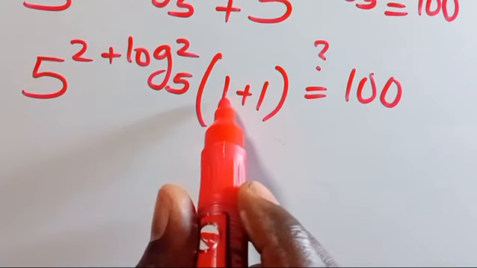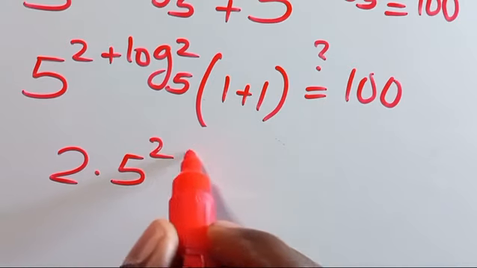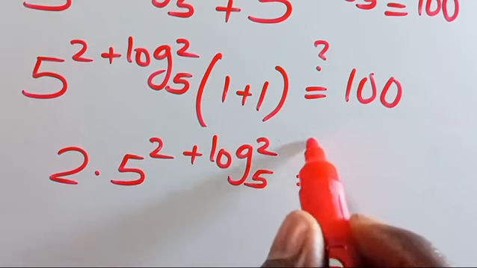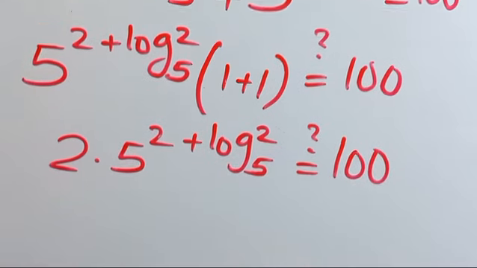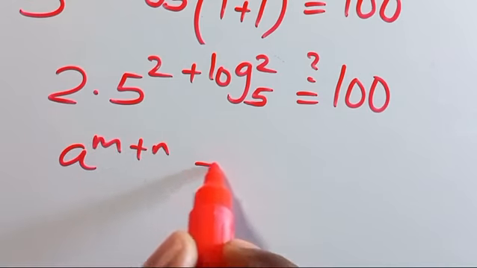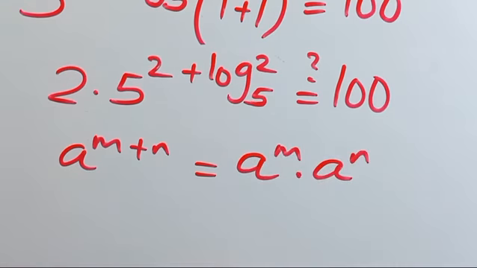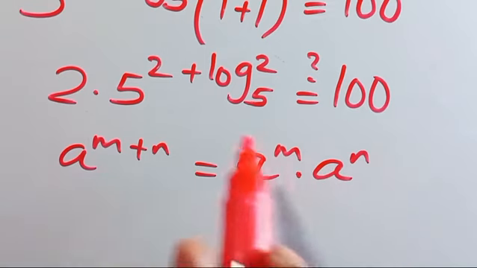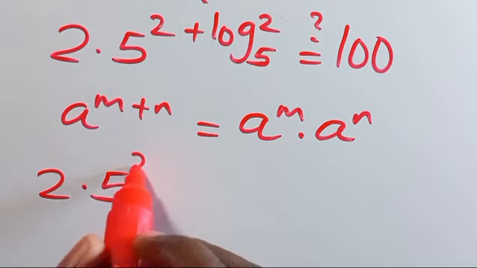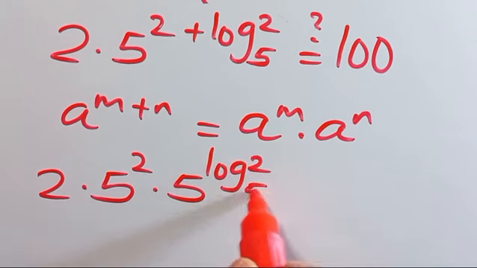Let's deal with the bracket first. 1 plus 1 will give us 2 times 5 to the power of 2 plus log 2 in base 5. Then it's going to give us 100. Recall that a to the power of m plus n equals a to the power of m multiplied by a to the power of n. By applying the law of indices here, we are going to have this to be 2 multiplied by 5 to the power of 2 multiplied by 5 to the power of log 2 in base 5.